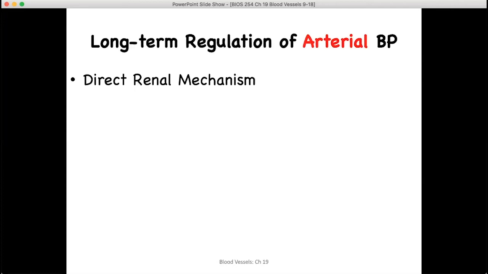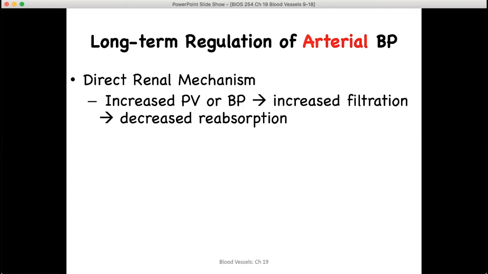Long-term regulation of the arterial blood pressure is going to involve the kidneys. Renal refers to kidneys. Let's begin with the direct renal mechanism. If you have an increase in plasma volume or blood pressure, this is going to increase filtration. Filtration, if you recall from bulk flow, is the movement of fluid across a membrane from an area of high pressure to an area of low pressure.